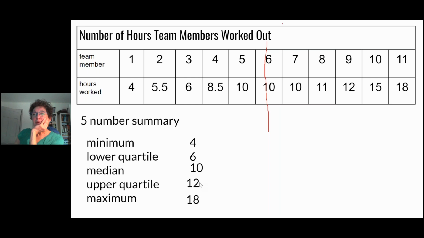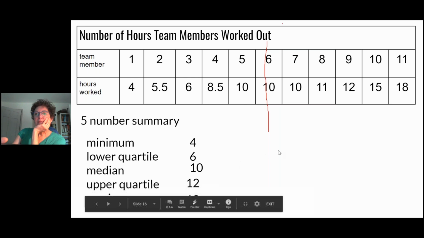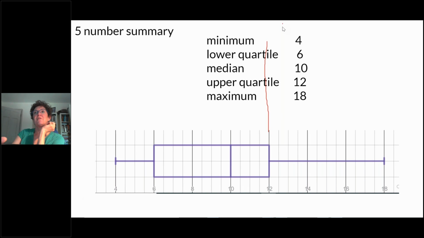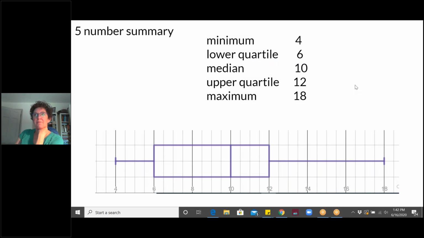Now, what do we do with those numbers? Well, again, I used Desmos, one of my favorite tools ever, and created this box plot. And I will show you next week how to use this and make your own.